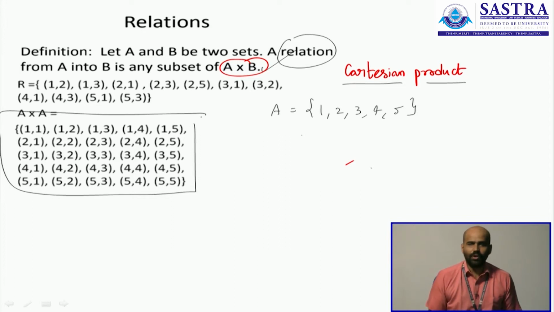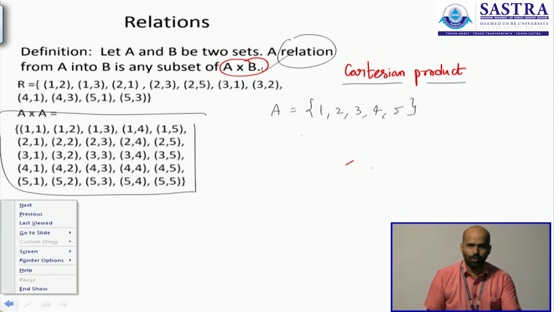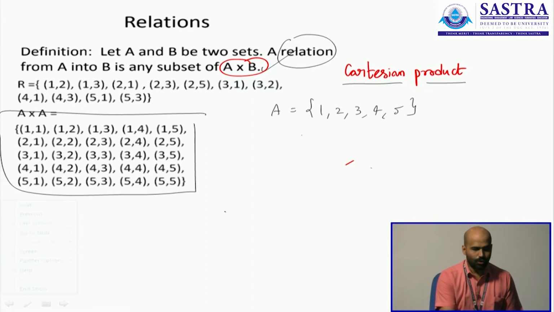There are 25 ordered pairs possible, 1 1, 1 2 through 1 5, 2 1, 2 2 through 2 5, and so on and so forth, 5 1, 5 2 through 5 5. So there are 25 ordered pairs possible on the set itself. Only these 25 are non-identical. Now if you repeat some of them, you will have more pairs also, but distinct pairs, you have only 25 distinct ordered pairs available.